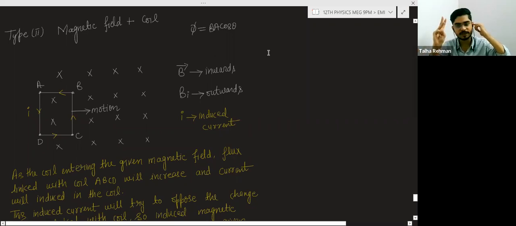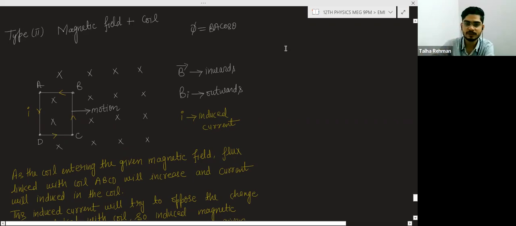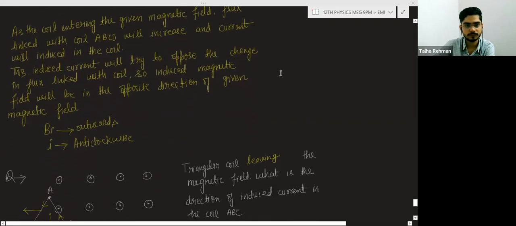There are 3 experiments Faraday has done, and from those 3 experiments, he concluded that the rate of change of magnetic flux will give you the EMF, and due to that EMF, the current will be there in the coil or the wire. Okay, note it down. Note down this.